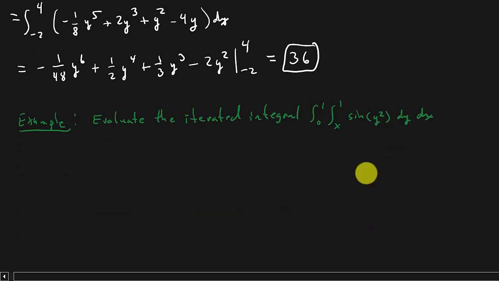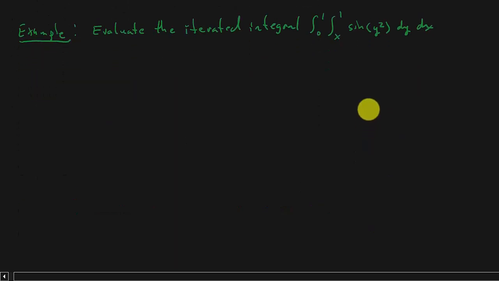All right, so let's look at this next example. We want to evaluate this iterated integral, double integral 0 to 1, x to 1, sine y squared dy dx. So let's look at this.